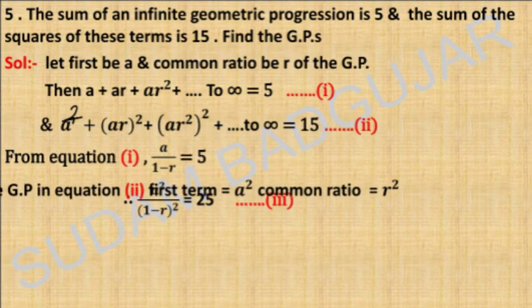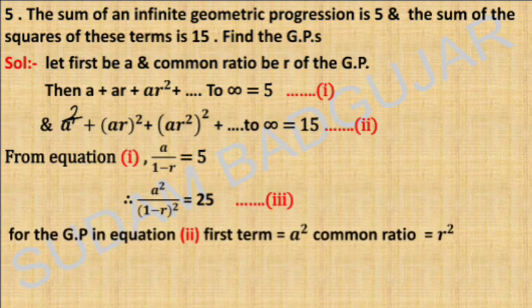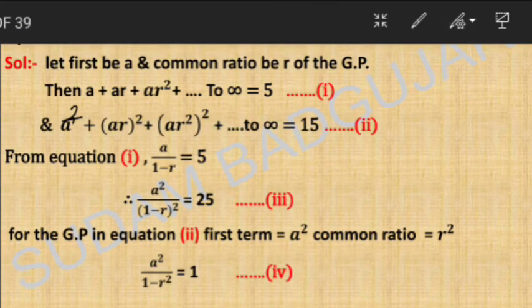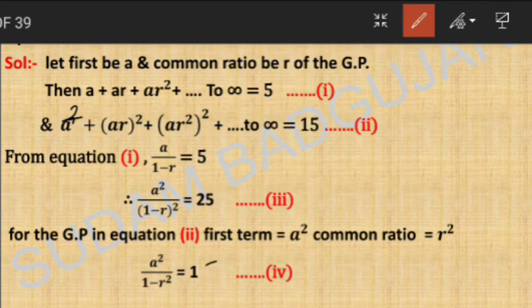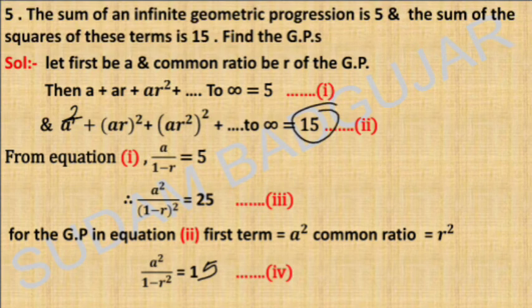By using this formula, for the GP in the second equation, the first term is A square and the common ratio is R square, then A square upon 1 minus R square is 15, because this condition is given as 15. So A square upon 1 minus R square is equal to 15, right? Suppose this is equation number 4.